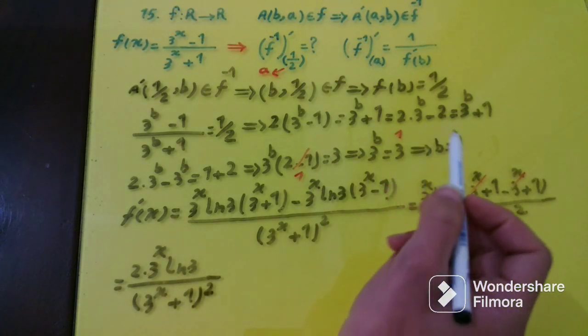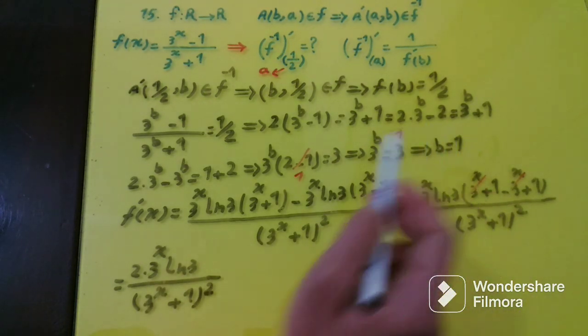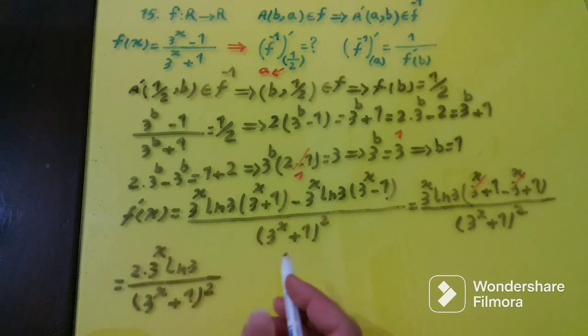Now you should replace b instead of x in f prime.